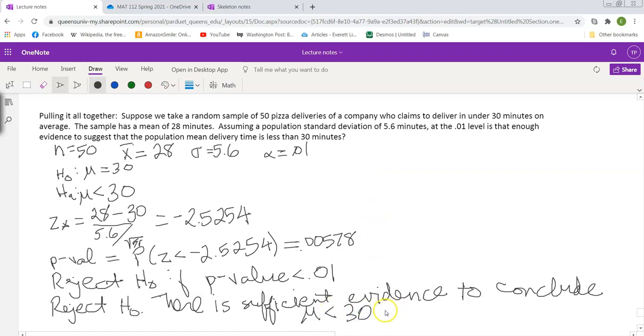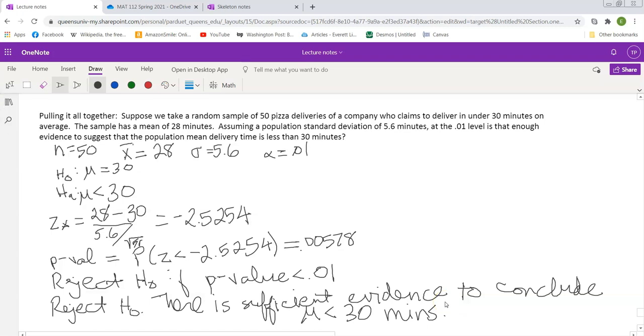If this were in any other way of writing, I would not be writing quite so messy. And if you want to write that as the mean is less than 30 minutes, or as mu less than 30, either way is fine, as long as you use correct notation and write the actual mu and not just spell it out.